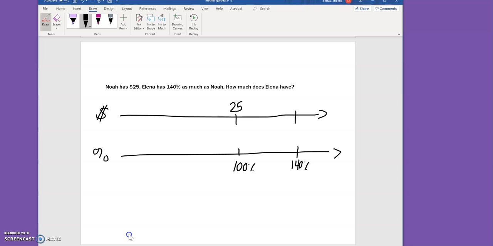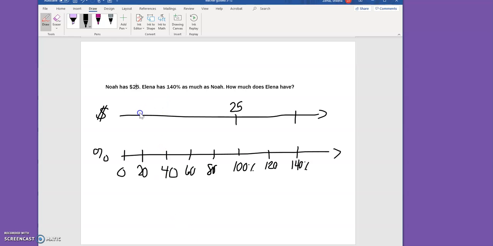The number that we can choose to count by that will get to 100 and 140 is 20%. So I'm going to list out here, counting by 20%. After 80 would be 100, plus 20 is 120, and then 140.